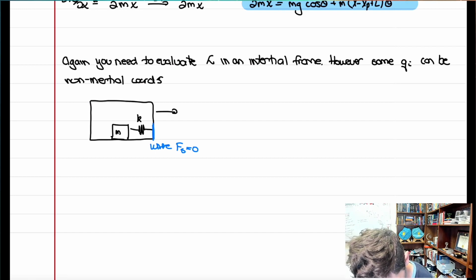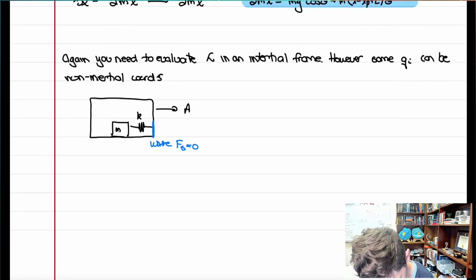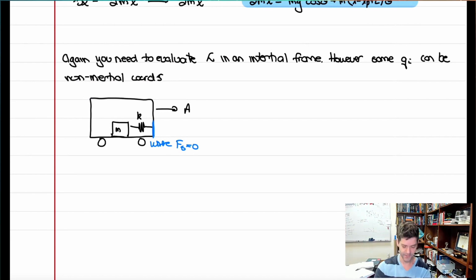But this entire car is accelerating forward with some constant acceleration a. And I would like to know, from the point of view of someone in the car, what would they say is happening with the box?